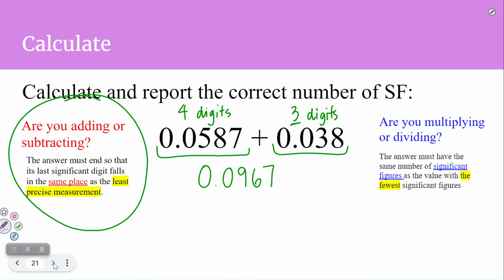So I'm going to round this to have 3 digits to the right of the decimal, which is 1, 2, 3. Neighbor is a 7. So I'm going to report this as 0.096, and that's it. I will not put a 0 after the 6 because that will count as a place value, and I'm only allowed to have 3 digits to the right of the decimal.